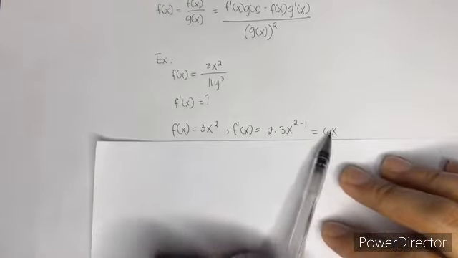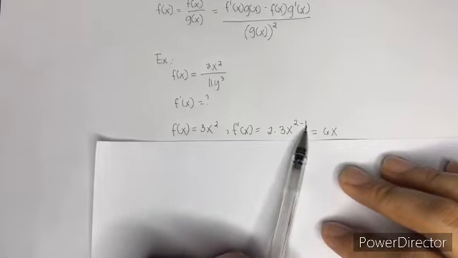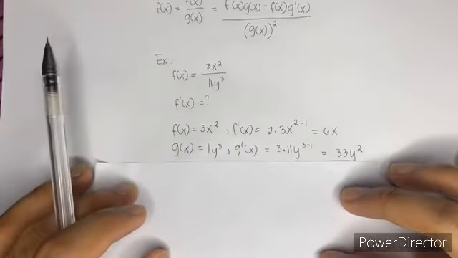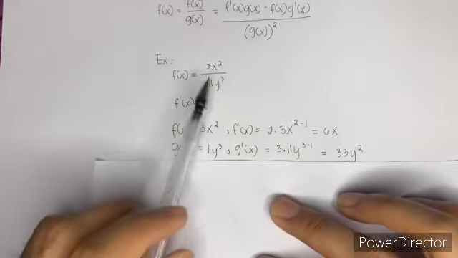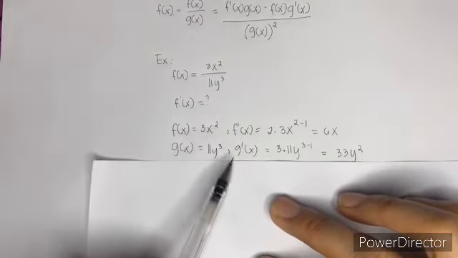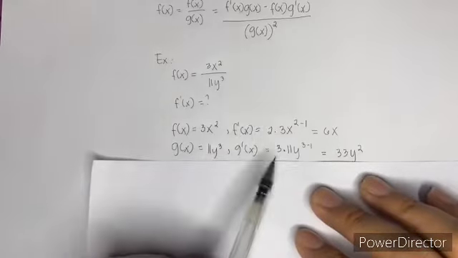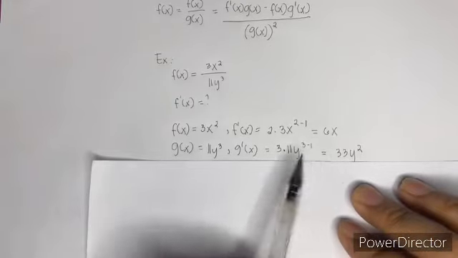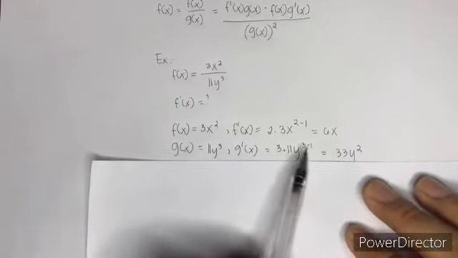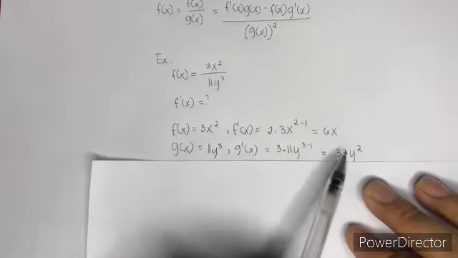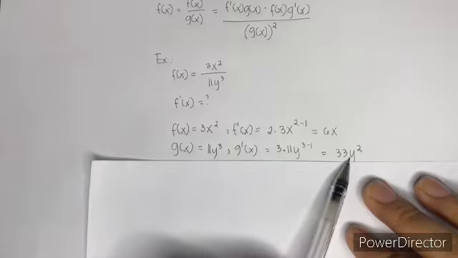So copy the variable. 2 minus 1 is equal to 1. So okay, there is no 1 as an exponent here. Then here for g of x, our g is equal to 11y cubed. So its g prime, using the power rule, 3 times 11 is equal to 33. So copy the variable. So 3 minus 1 is equal to 2. So this is now our g prime of x.